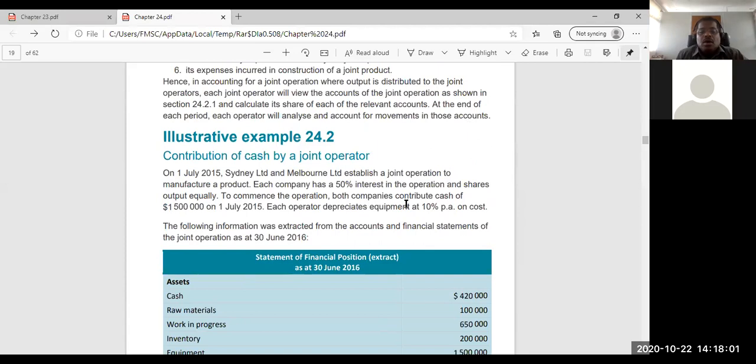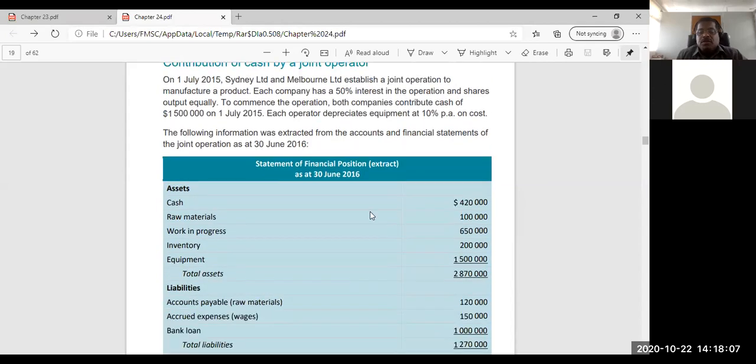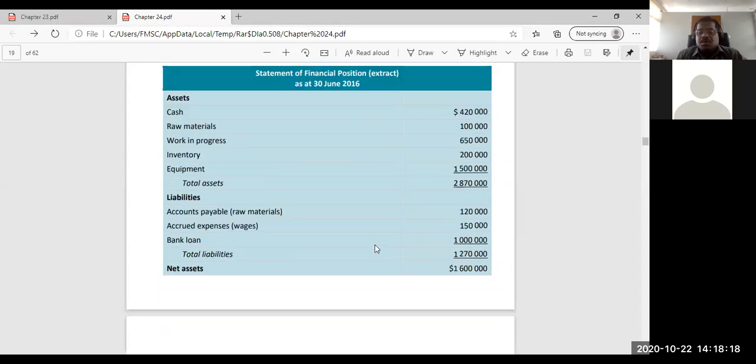So example 24, contribution cash by a joint operator. When joint operators are contributing by cash 50%, the following information: extract the account, financial statement, joint operation, so much.